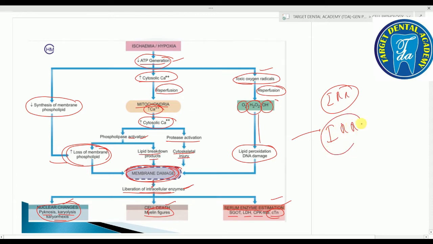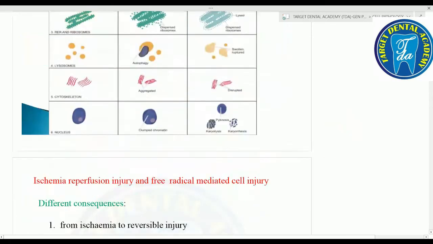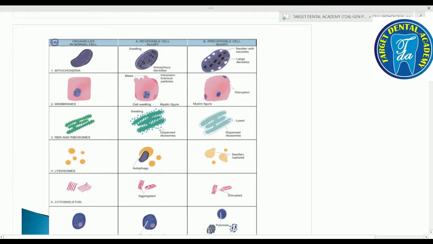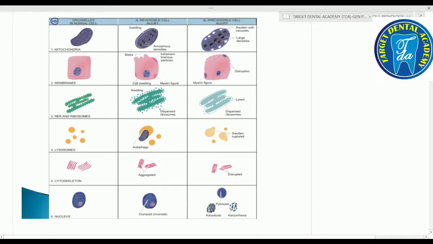So this is the cellular events, or the possible sequence of events, in the pathogenesis of irreversible cell injury. After this is the differentiation between organelles in the normal cell, a reversible cell injury, and an irreversible cell injury. First is the mitochondria.